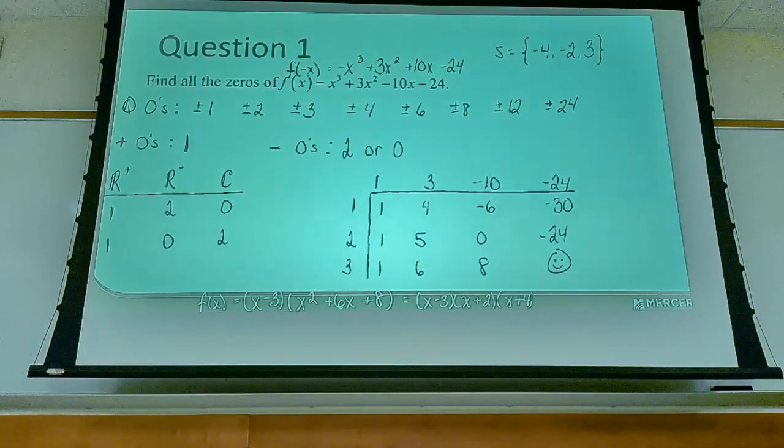And then what about the x plus 2? That would just be x minus negative 2, right? And then just make sure that that does satisfy one of the possibilities we listed, which it does. That's 1 positive, 2 negatives.